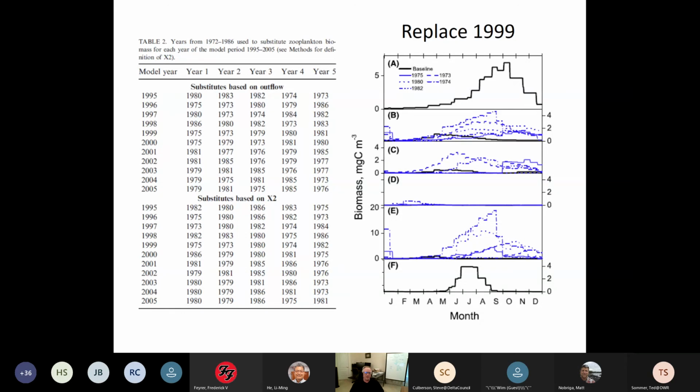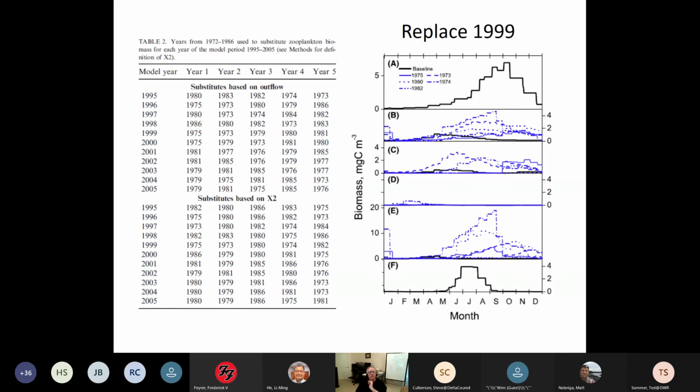So what we did after much discussion was we would look at each year in the model. So look at the far left column of that table. Remember, the simulations I'm showing you now are in that paper. I didn't want to show you the new ones. Some I have, some I don't. So in 1995, or let's take 1999 in the model, what years prior to 1990 would be good years to match with that?